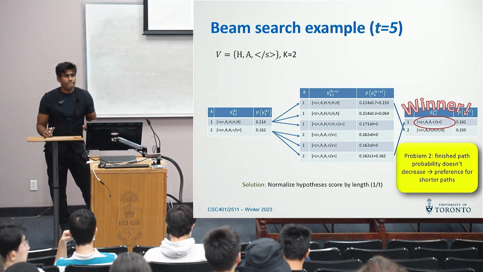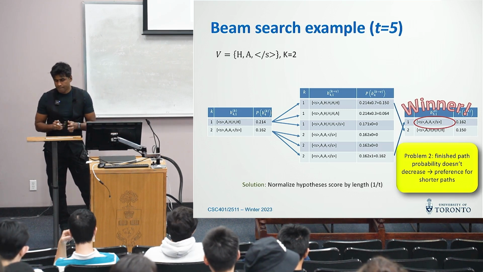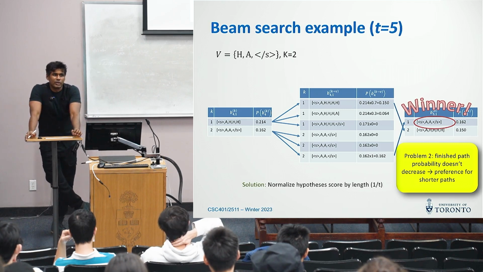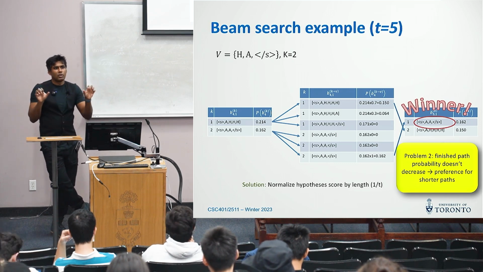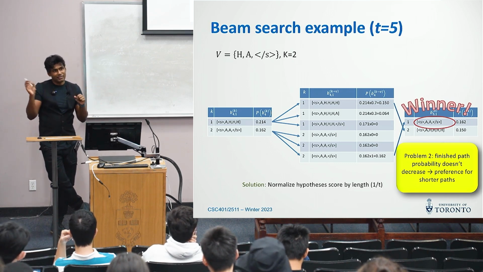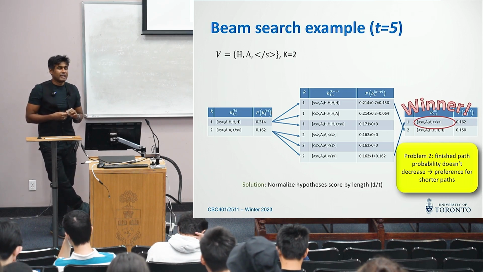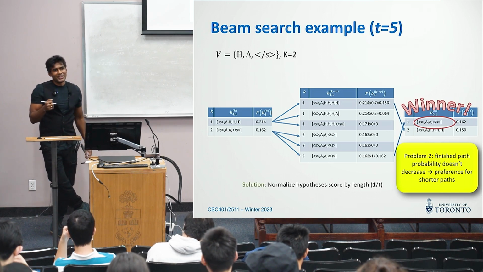Yes? How can we be sure that our decoder model produces our end of sequence token? Well, the thing is that in your training corpus, all the target sequences have an end of sequence token. It's similar to asking, how do I know that it's going to generate a word that is, I don't know, in English or something, right?